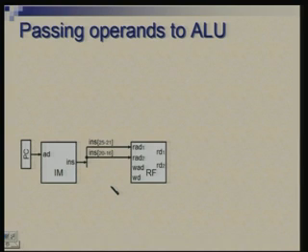Now, once addresses are given, this register file will respond with data here, and the operands which come out of these will need to be passed on to the ALU.